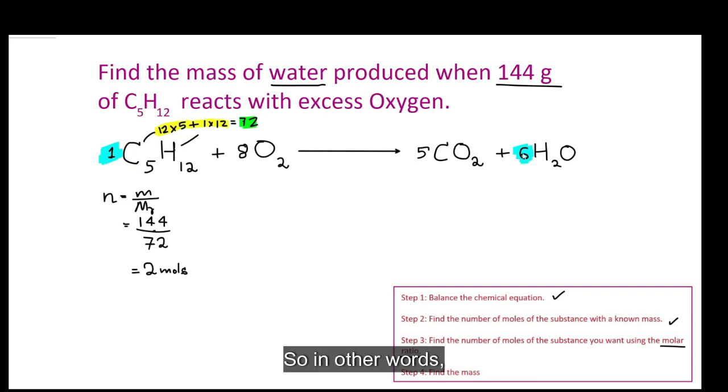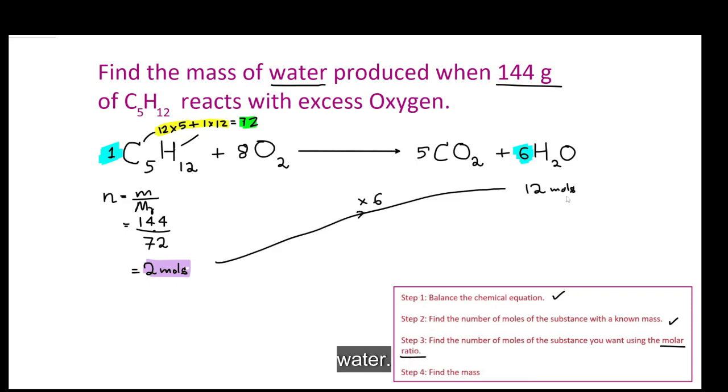So in other words, 1 mole of C5H12 can make 6 moles of water. So what if you have 2 moles here? So obviously I will get 6 times as many here. So what do I do? Multiply this one by 6. So that means I will get 12 moles of water.